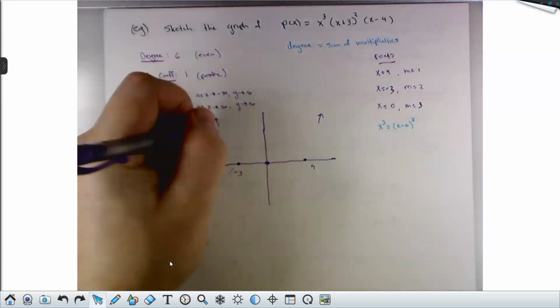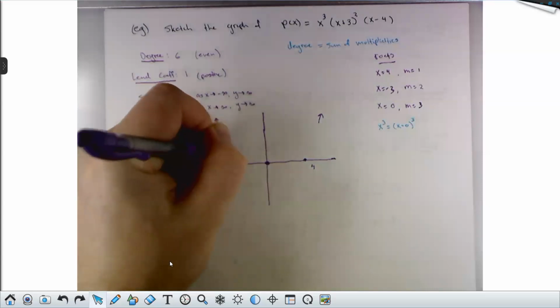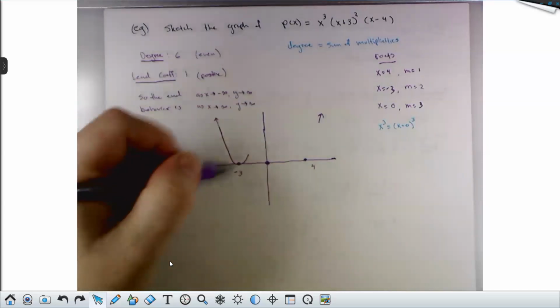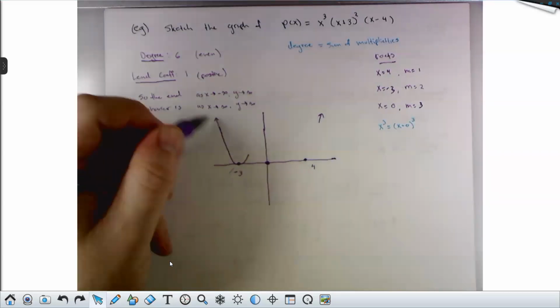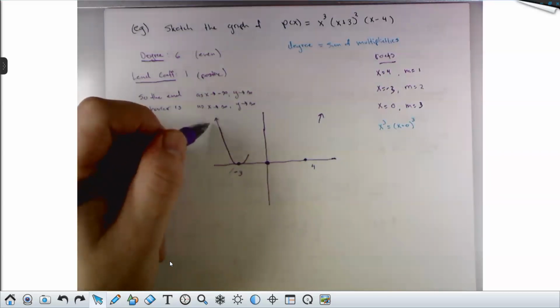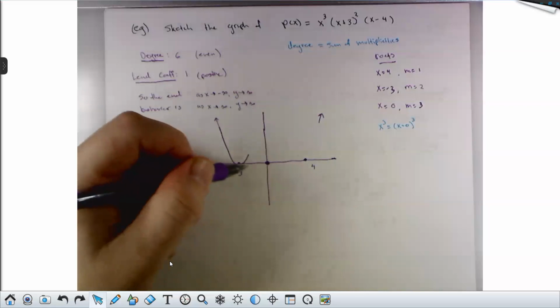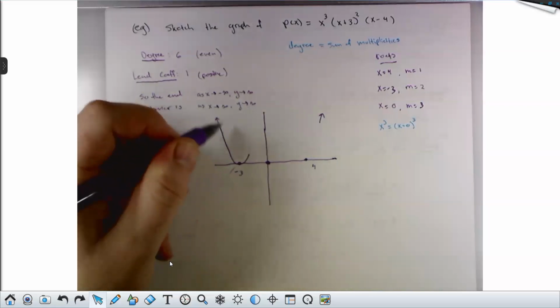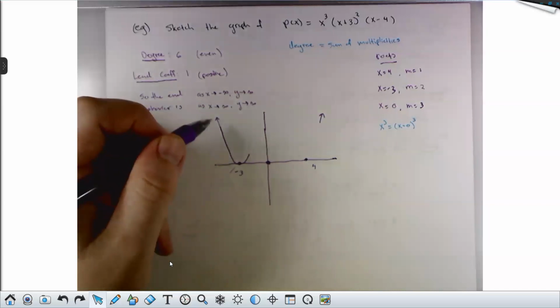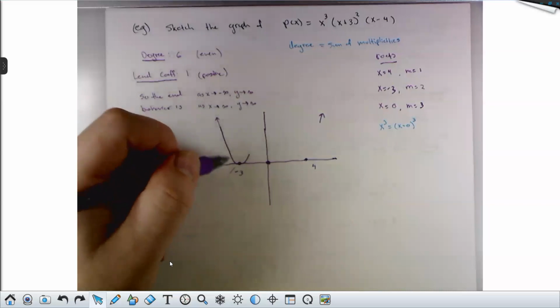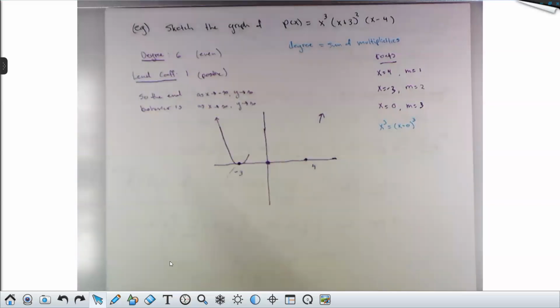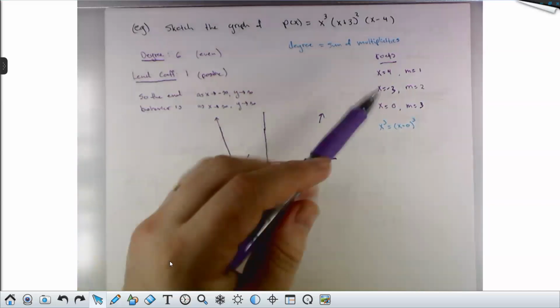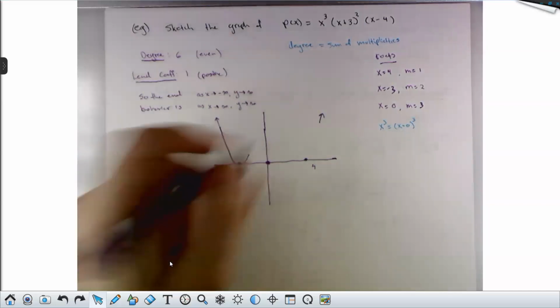Yeah, it has to be a top to top, because it's got to be a bounce and I need to connect to this arrow. I can't bounce bottom to bottom here because I don't have another x-intercept. And this is my leftmost x-intercept, so I have to go straight from this arrow to that x-intercept. All right. Now I've got also this root here at 0, which is multiplicity 3.